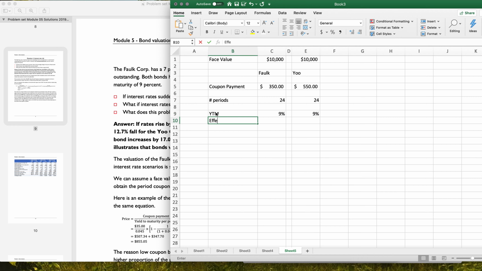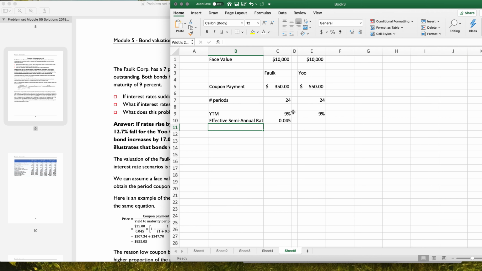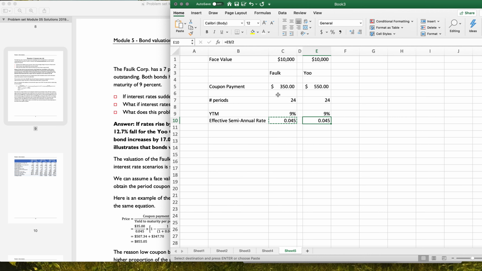So that means the effective semi-annual rate is that divided by 2. Technically speaking, I don't have to do this in both columns. I just think it's easier to do the formulas that way. Okay, so we have all that. What's the price?